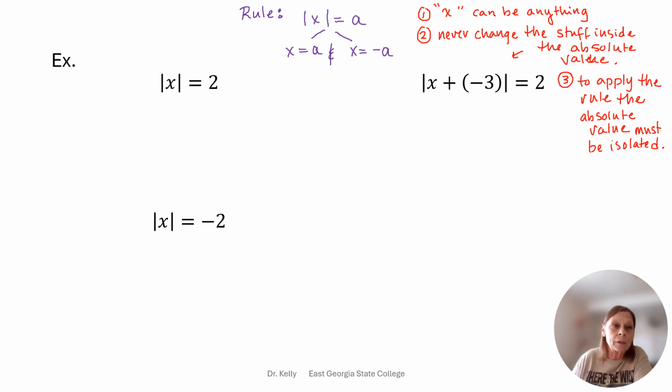The rule says take the stuff inside the absolute value and set it equal to positive whatever that number is that the equation is set equal to, and take the stuff inside the absolute value and set it equal to negative that number outside. And so here x is equal to 2 and x is equal to negative 2.